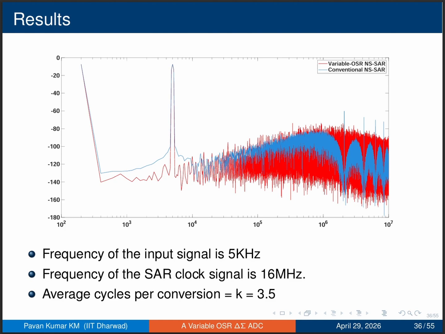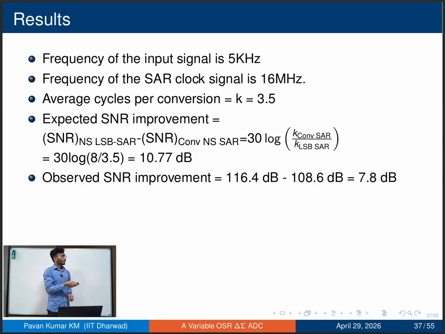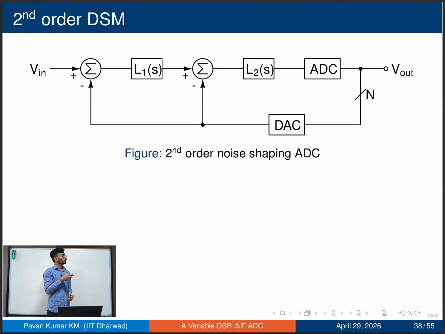The blue one is the conventional noise shaping SAR ADC spectrum, and the other one is the variable rate implemented architecture. This was tested for a 5 kilohertz input signal frequency and SAR clock of 16 megahertz, and the expected SNR improvement was 10.7 dB, and the observed improvement was close to 8 dB.